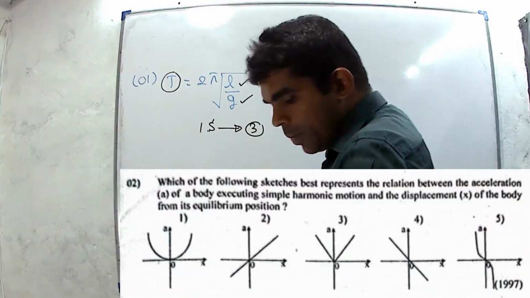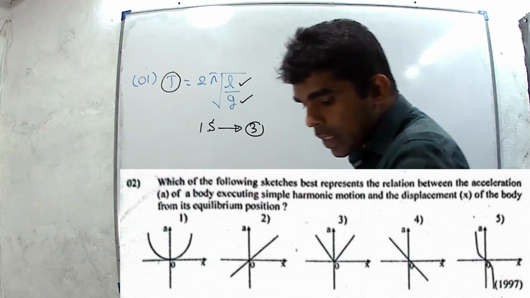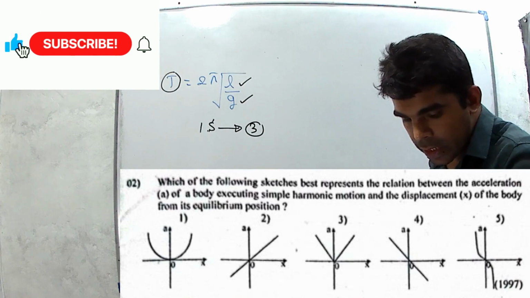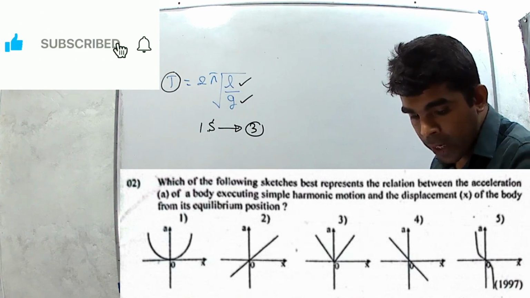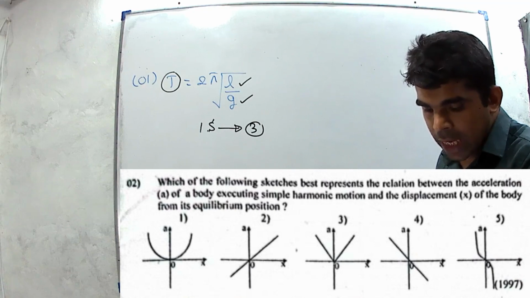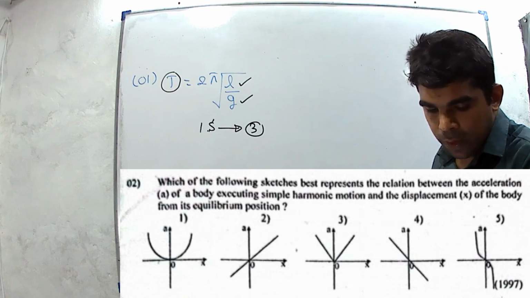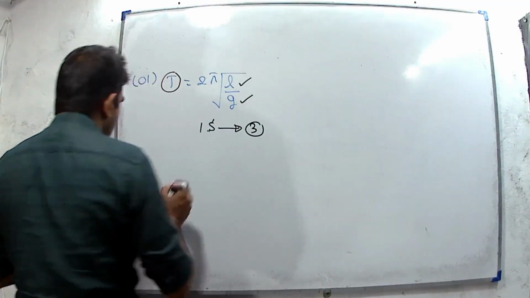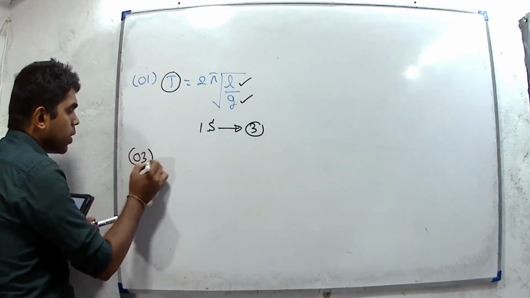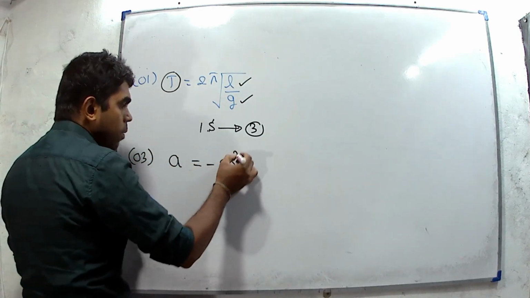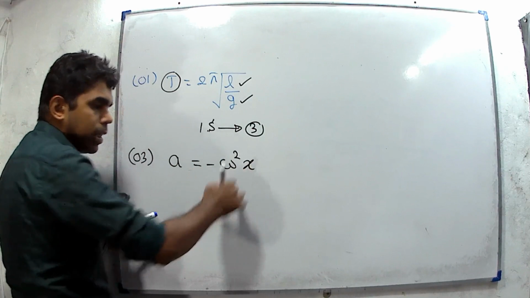Question number 2. Which of the following sketches best represents the relation between the acceleration of a body executing simple harmonic motion and the displacement of the body from its equilibrium position? For simple harmonic motion, we know that acceleration is minus omega squared x or y.